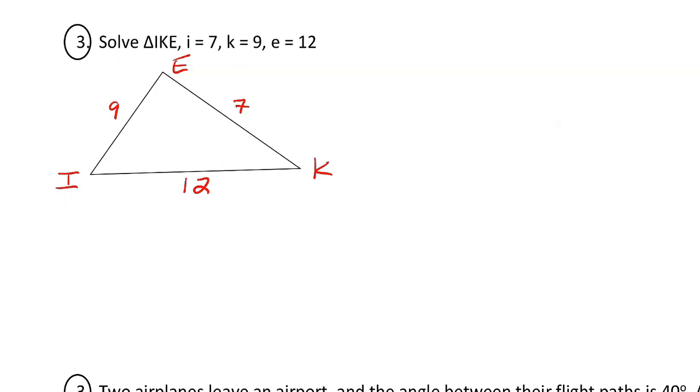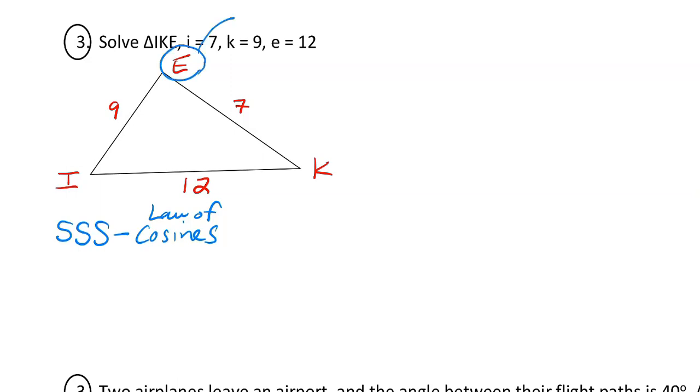By the way, this is a side, side, side case. We're given the three sides, so this allows us to use the law of cosines. You would not be able to use the law of sines, or right triangle trig because it's not a right triangle. So I would like you to find the measure of angle E first.